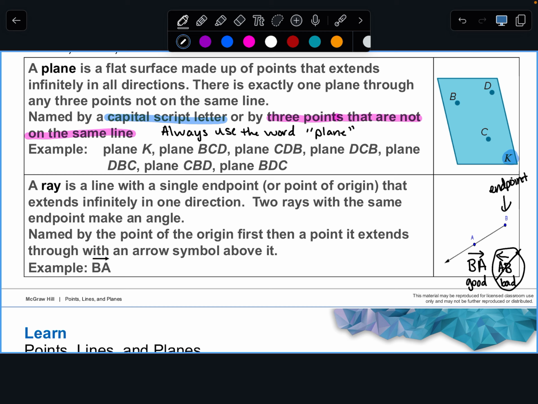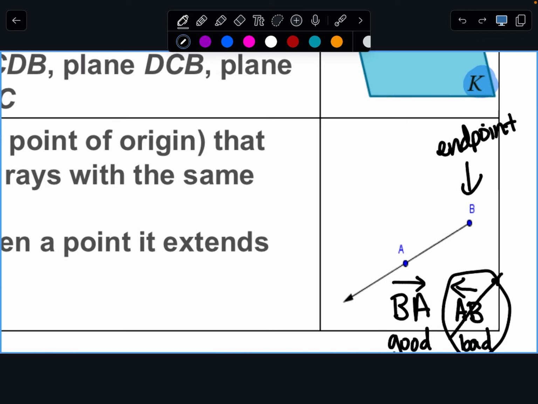Now, this part that I talked about, 2 rays with the same endpoint make an angle. I kind of threw that in there because that gets tested in one of the ALEKS topics, so I wanted to make sure you understood that. So I'm going to zoom in here a little bit.